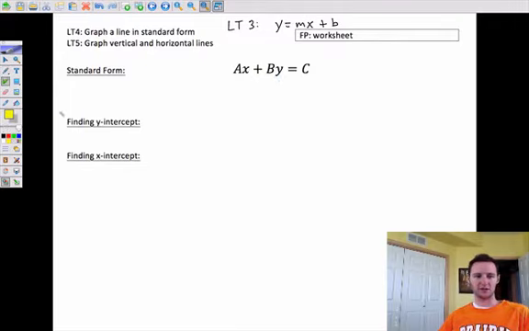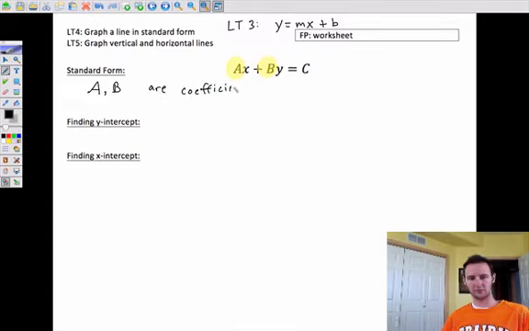The first thing I would like you to write down is a little vocab thing. The numbers in front of the x and y are called the coefficients, and they're what we multiply x and y by.